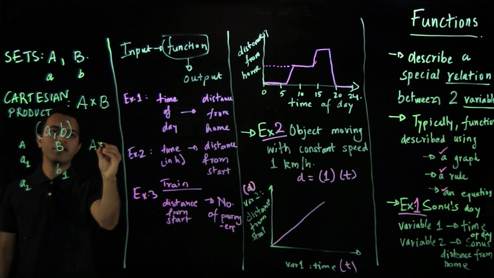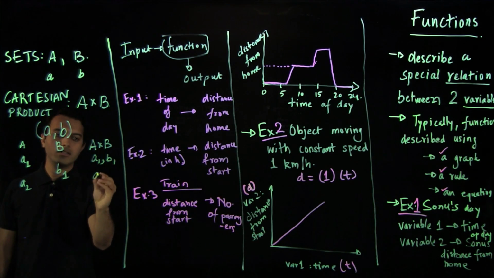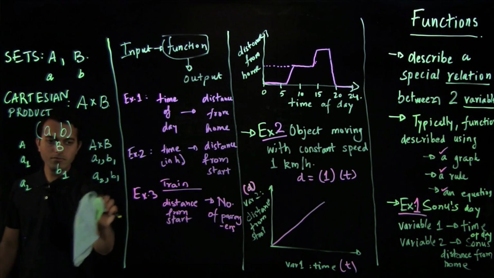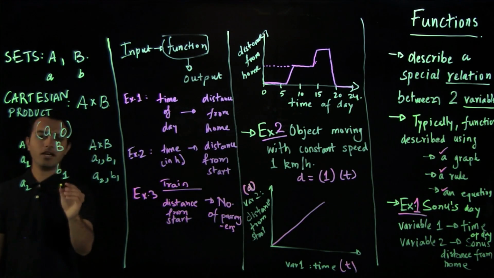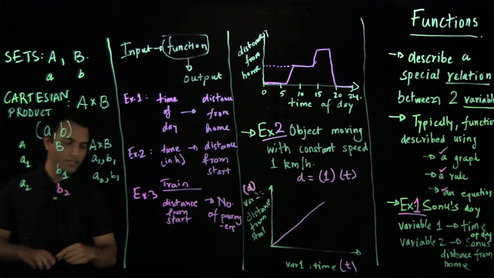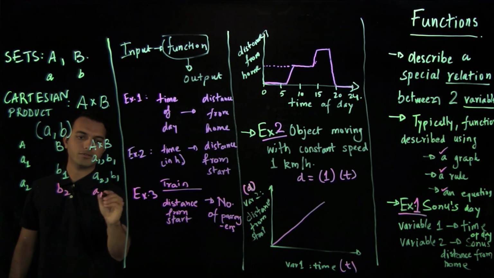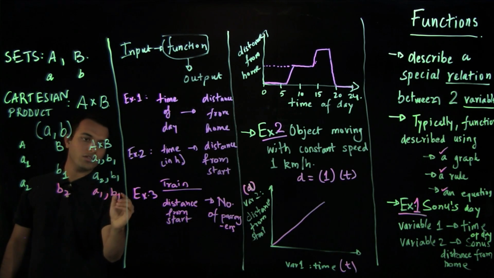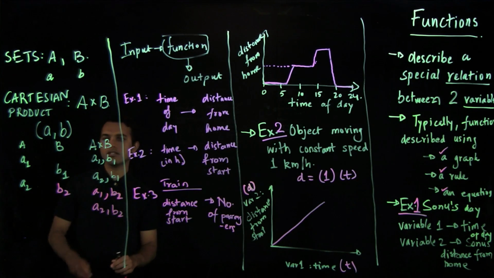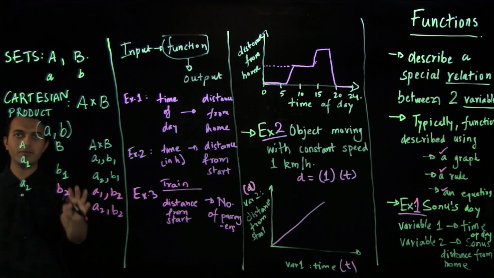Then A cross B will have two elements, (a1, b1) and (a2, b1). But if set B had another element b2, then the additional elements will be (a1, b2) and (a2, b2). So the Cartesian product of two sets essentially includes the number of elements from set A multiplied by the number of elements from set B.